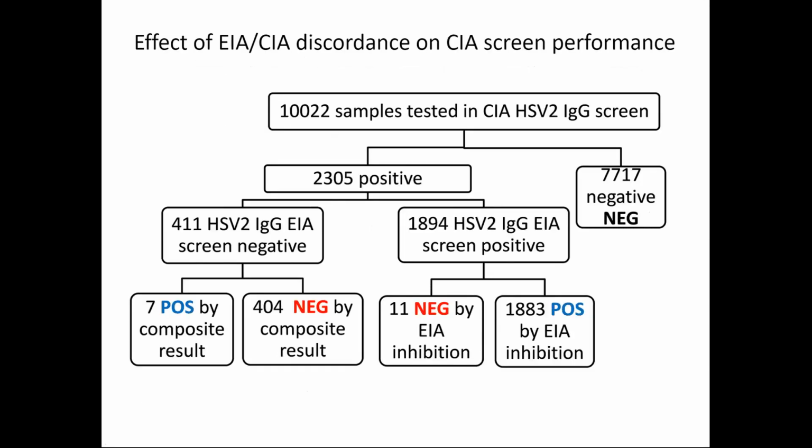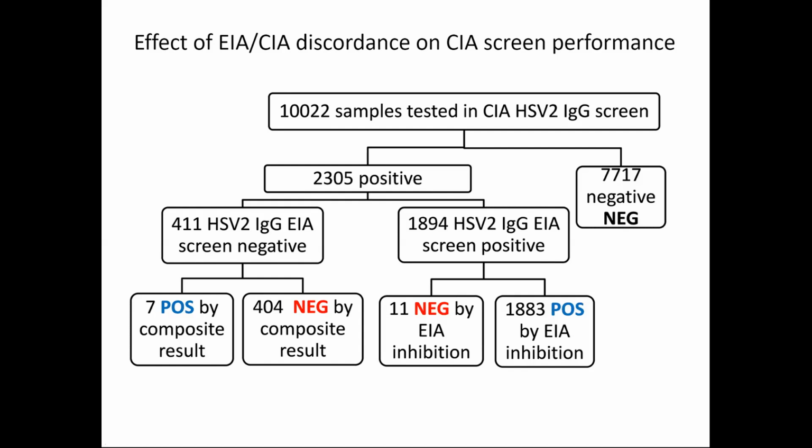So if we use these numbers to get some handle on screen performance, we did some back calculations, and this is what we got. Of the 2,305 positive samples that we used in the study, assuming that represents a 23% positivity rate, that means the starting group was probably around 10,000 samples.